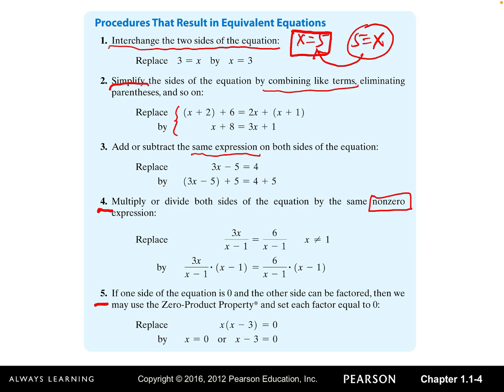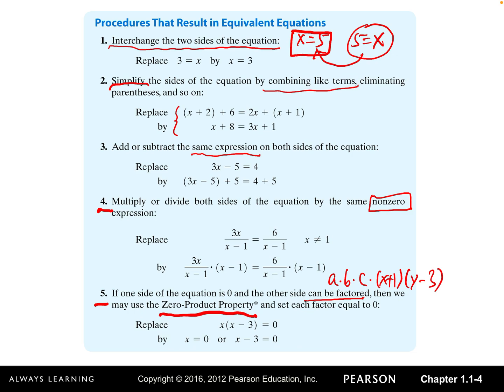And number 5, this procedure also resulting in equivalence, is called the zero product property. If one side of the equation is 0, the other side can be factored. What does factor mean? A series of numbers or expressions multiplied, like a times b times c, or times (x plus 1), or times (y minus 3), things like that.